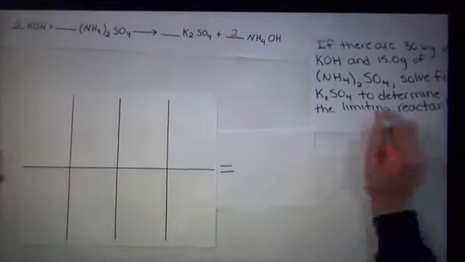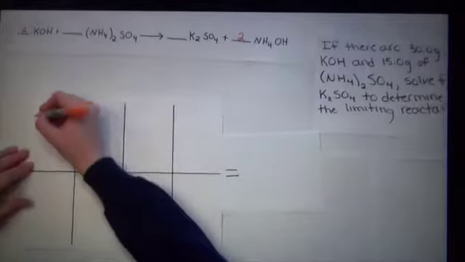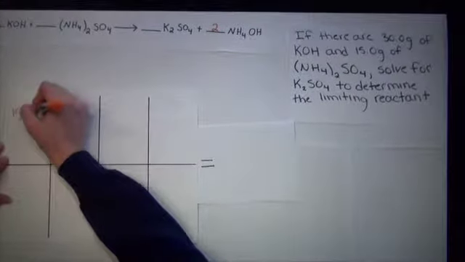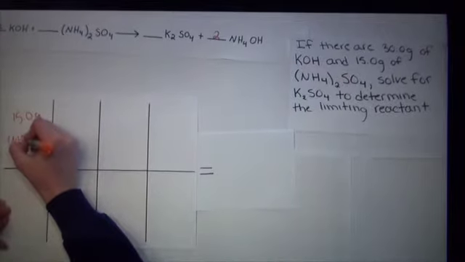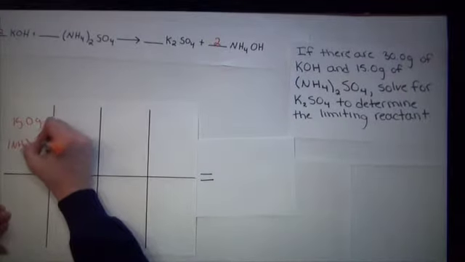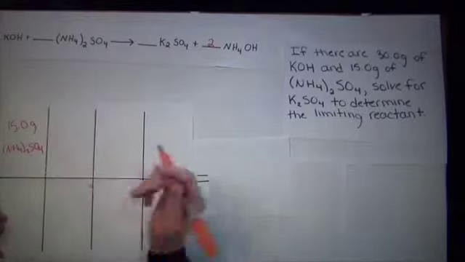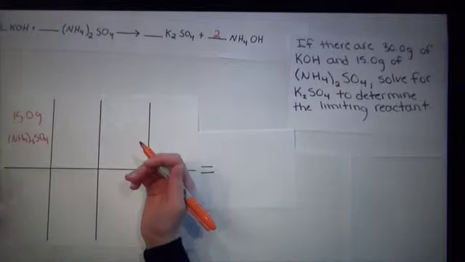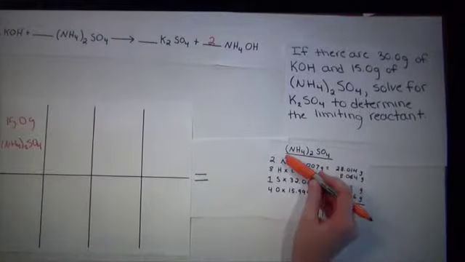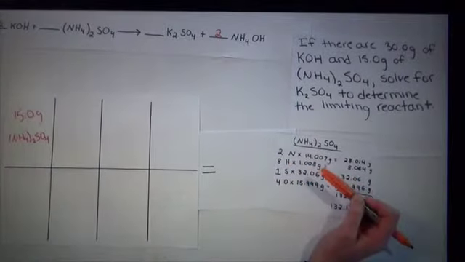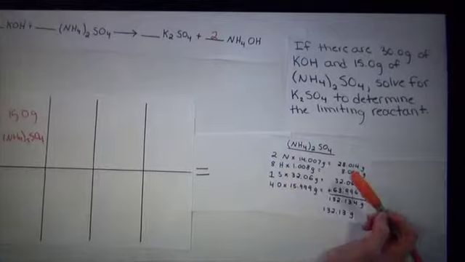Okay, and then in the second part of the problem, you start with 15 grams of ammonium sulfate. So for grams to cancel out with more grams, we need to find the molar mass. So here we have the molar mass: 2 nitrogens, 8 hydrogens, 1 sulfur, 4 oxygens.